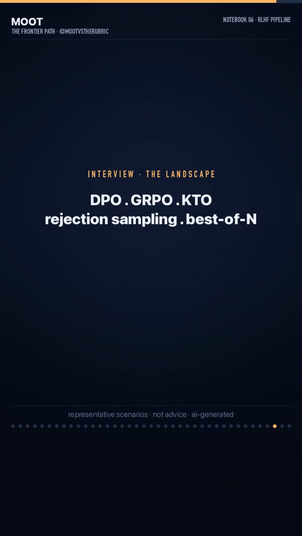The thing that separates senior from principal answers is fluency across the whole landscape, not just classic RLHF. DPO removes the reward model and PPO. GRPO removes the value model. Iterative or online DPO generates fresh responses, collects new preferences and retrains, getting the best of both worlds.